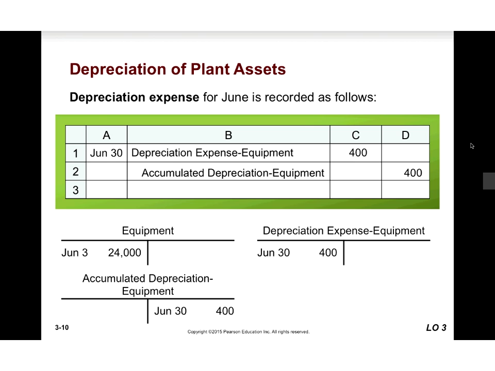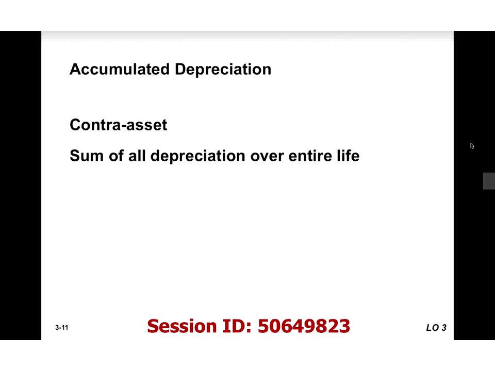What's accumulated depreciation? Accumulated depreciation is called a contra asset. Okay, you should know what a contra asset is. A contra asset is an asset. It belongs with the assets, but it is opposite, contra. So it has a normal credit balance. It offsets the asset that it matches.